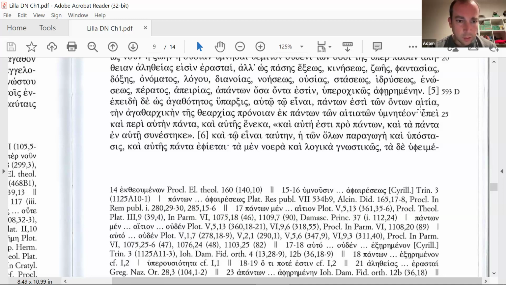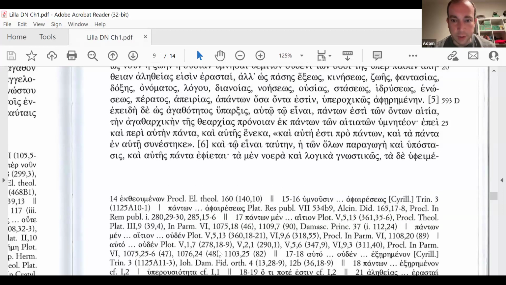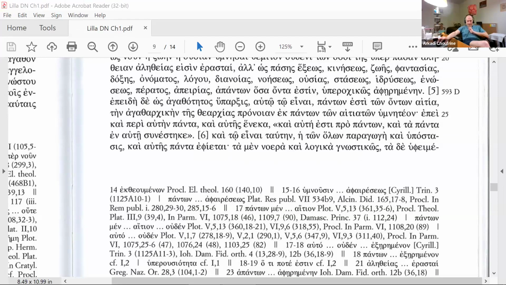Since also all things are around it for the sake of it, I guess you have to supply "is" in those. Yes. Right? And it is before all things, and it stands around all, or I guess circumscribes all things inside of itself. Right. Synestike, more precisely, set together, combine.